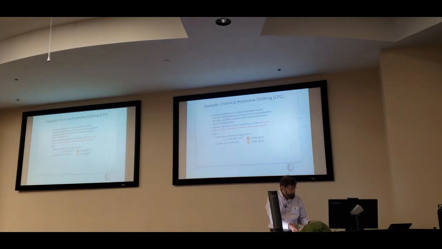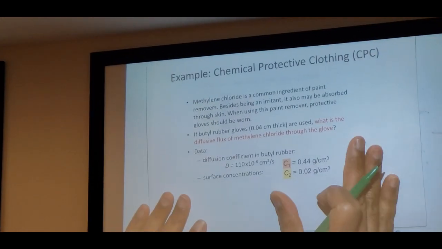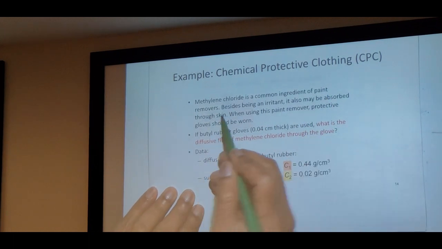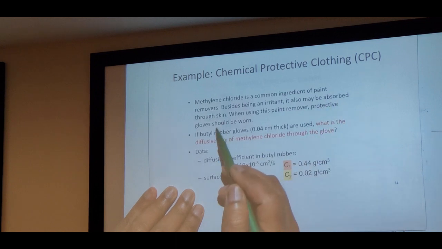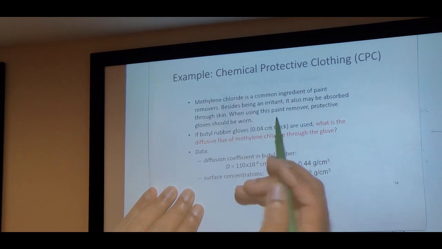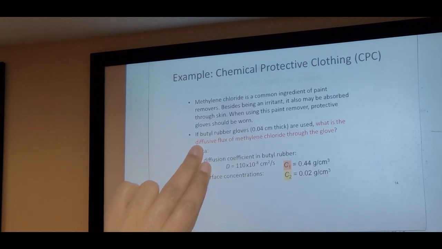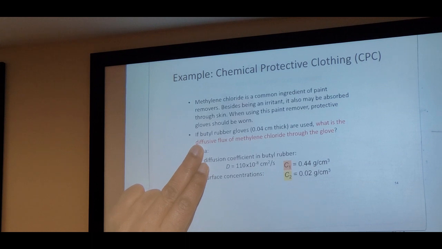So here is an example of chemical protective clothing. Typically methylene chloride is a common ingredient of paint removers. Besides being an irritant, it also may be absorbed through skin. When using this paint remover, protective gloves should be worn. So what we are looking at is what the thickness of the protective gloves should be when you use this type of paint with methylene chloride.